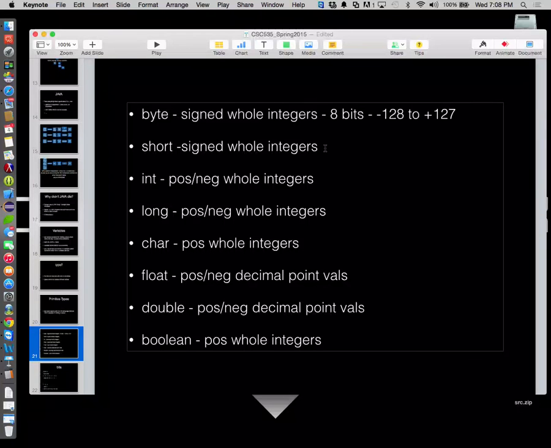Short. It's a signed whole number, 16 bits. Let me just take the extra dash off there because I think it's just going to end up being confusing. Take that one off. Take that one off. Okay, 16 bits hold values in the range of negative 32,768 to positive 32,767.